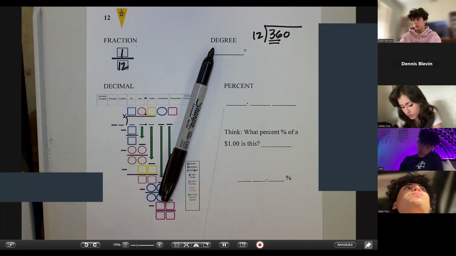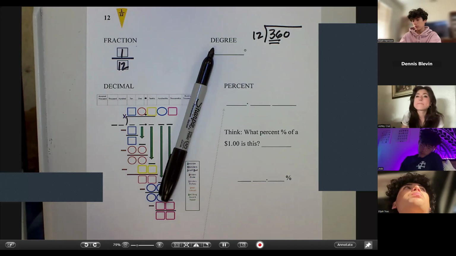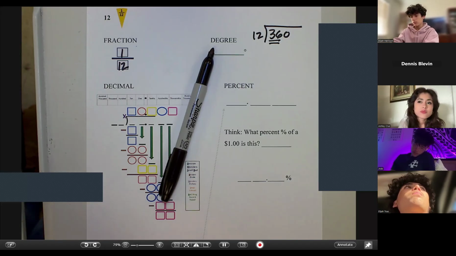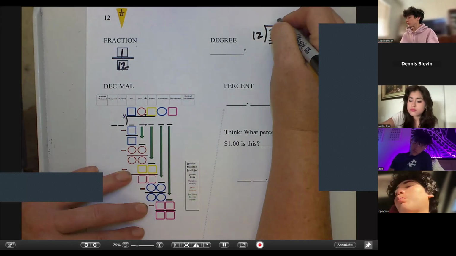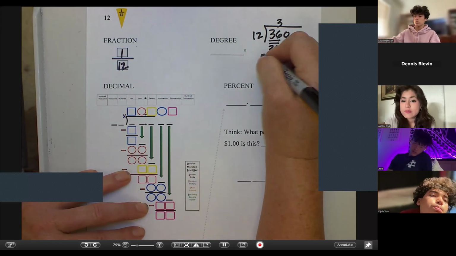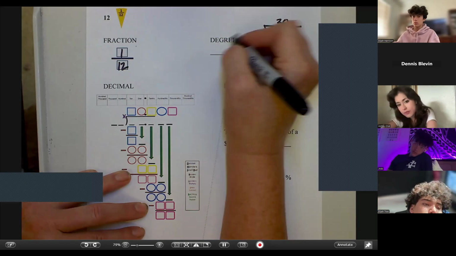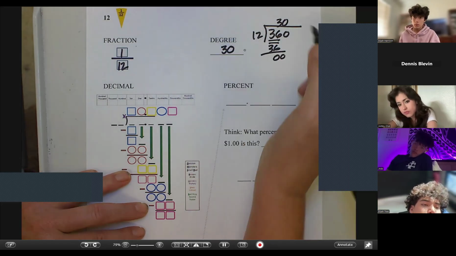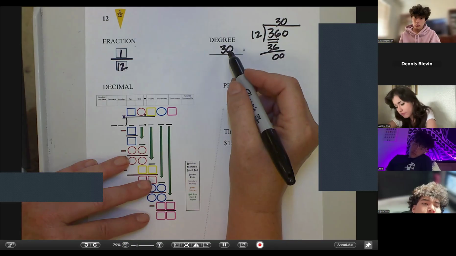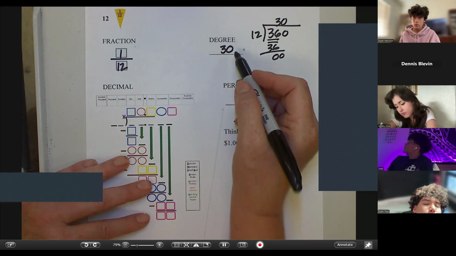Abe, how many 12s go into 36? 3. Yes, sir. So this is going to be 3. Bring down the 0. So 1/12 of our pie is 30 degrees.